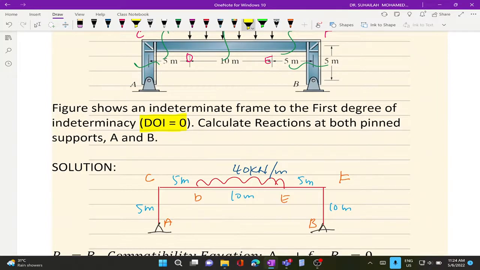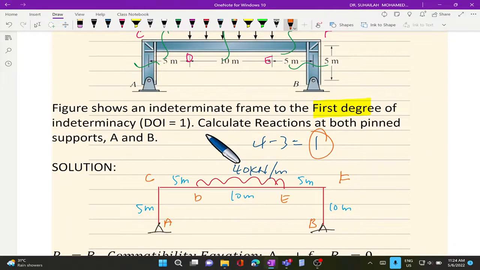And by looking at the diagram, degree of indeterminacy is equal to 1. Okay, typo. First degree of indeterminacy represents redundant equivalent to 1. Calculate reaction. We know that there are 4 unknown reactions, and only 3 can be solved using equilibrium equations.